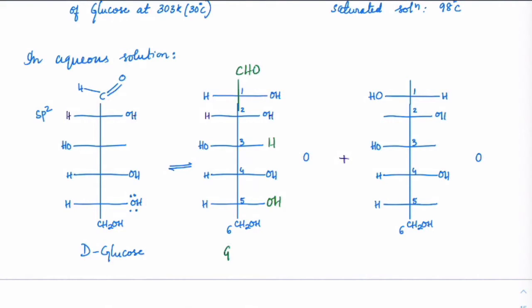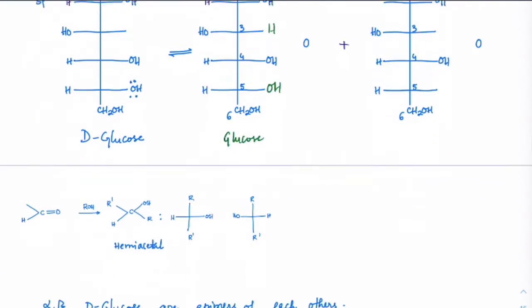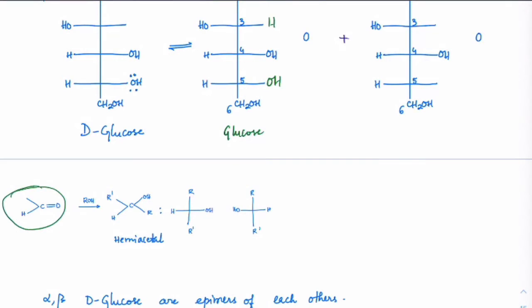Now what happened to this glucose in aqueous solution? The minute it has become a solvent form, this CHO, which is an aldehyde, will start reacting with an alcohol group here, correct? If you remember, if you have an aldehyde and react it with an alcohol, what do I get?